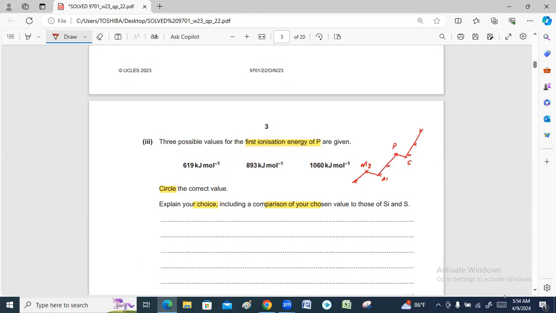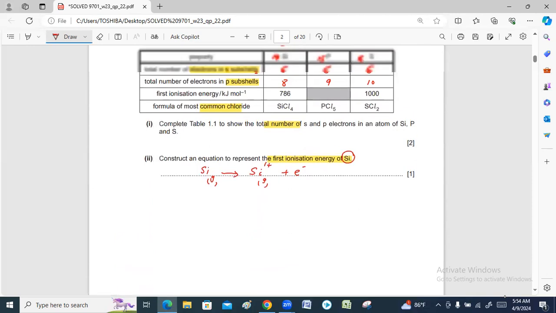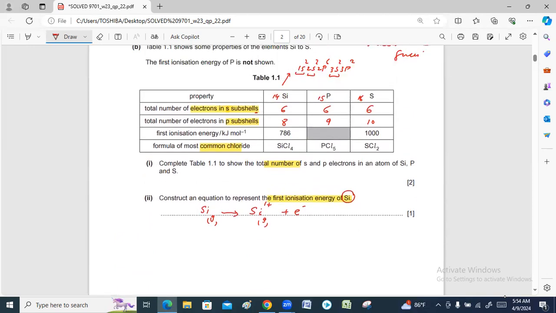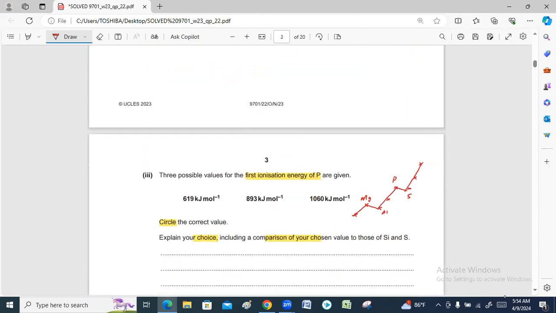Silicon is 786 and sulfur is 1000. So these two values are less than 1000, and the ionization energy of phosphorus is more than 1000. The ionization energy of phosphorus is more than that of sulfur. The ionization energy of sulfur decreases.